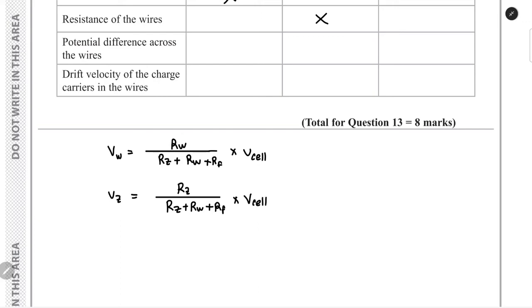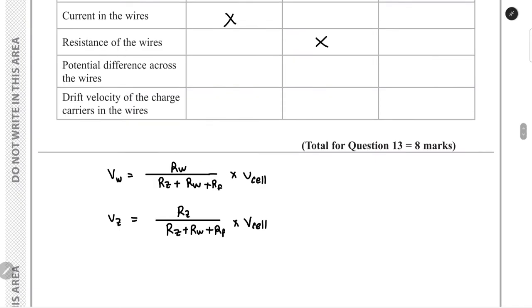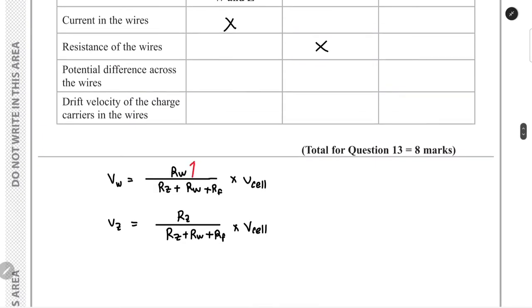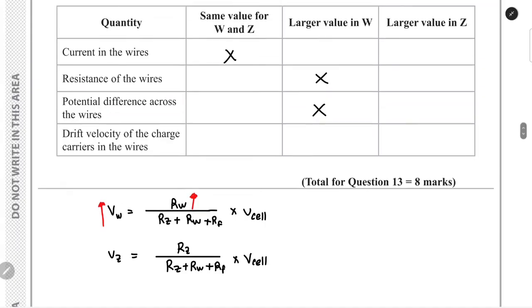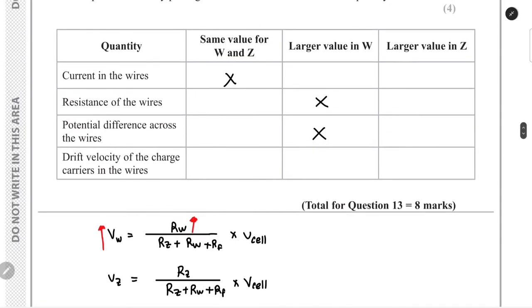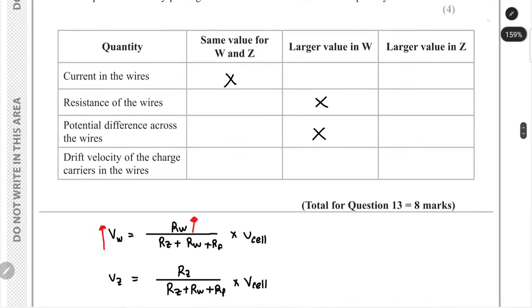Both expressions only have one difference, it's in the numerator. Everything else is the same. From beforehand we know that the resistance of W was bigger, so the voltage across W must be greater as well. So potential difference across W is larger.